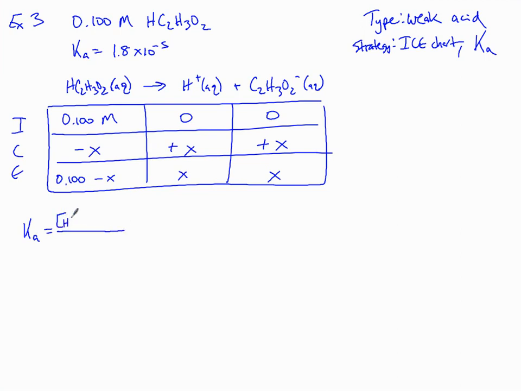So the concentration of hydrogen times the concentration of acetate. And they both had coefficients of 1, so their exponents are 1. We can leave it alone. Over the concentration of the acetic acid.